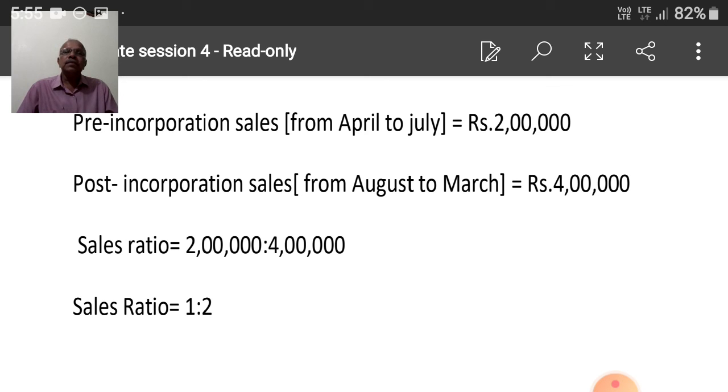In this problem, the question asked about the fluctuation of sales in each month. For the pre-incorporation period and post-incorporation period, separately find out the amount of each monthly sales. After that, we calculate the sales ratio.